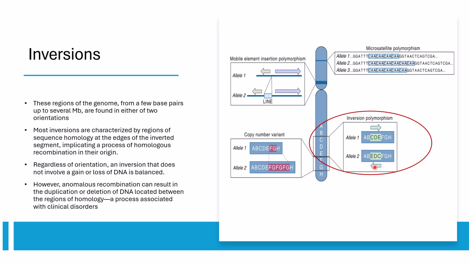In allele 2, it's inverted to EDC in the other direction. And if there is no loss of DNA through this variation, we call it a balanced variation. But sometimes this will be associated with some deletion or duplication of DNA. In this process, it can be associated with some clinical disorders we'll discuss later.